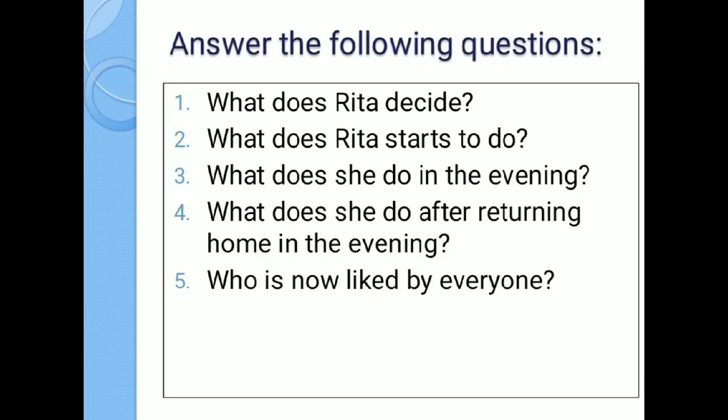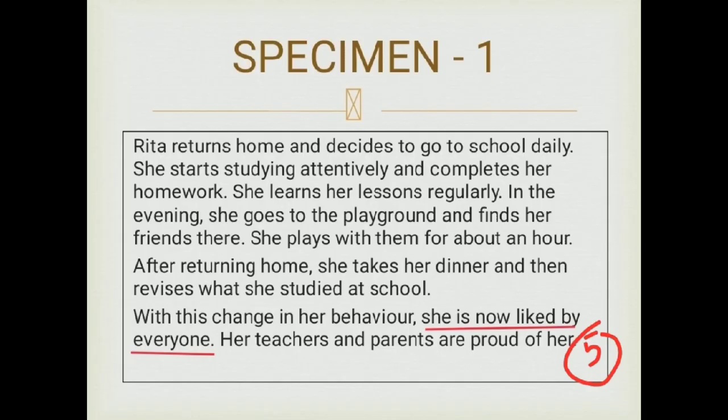Now next, question number 5. Who is now liked by everyone? Again, I have underlined the portion in the passage according to the asked question: She is now liked by everyone. After underlining the portion, we have to frame the answers in our own words as far as possible.